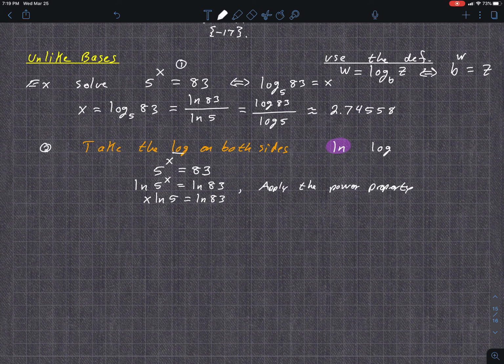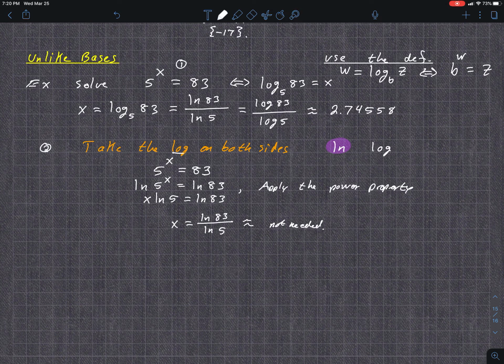Then divide both sides by ln 5, and you get ln 83 over ln 5. And then that's it. You can't simplify that any further. That's exact form. You can get an approximation if you want, but it's not needed. Usually the book may ask you, but I'm not going to ask you. I want you to have this exact form. This is what I'm looking for right here.